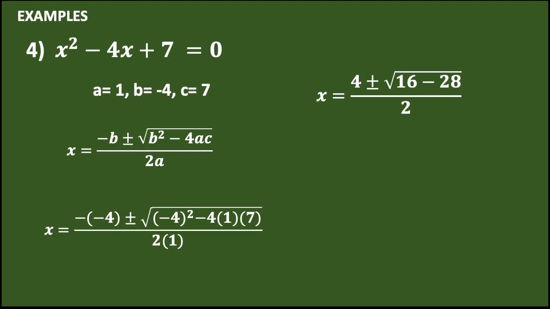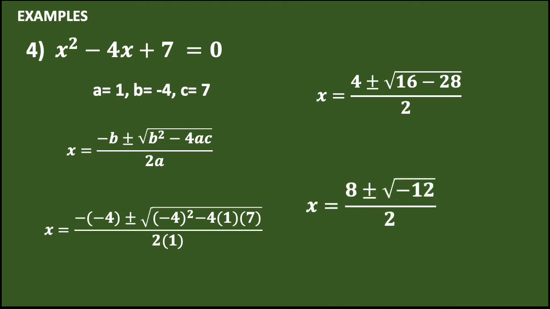After that, negative 4 times 1 times 7, the answer is negative 28, divided by 2 times 1 is 2. After that, let us simplify the number inside the radical sign. We have 16 minus 28, and the answer is negative 12.